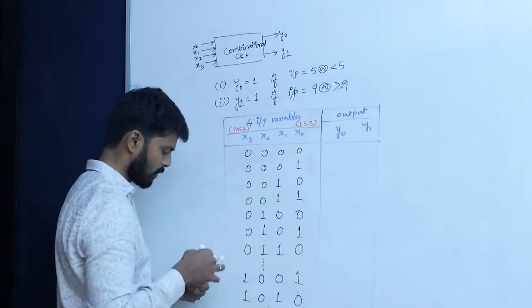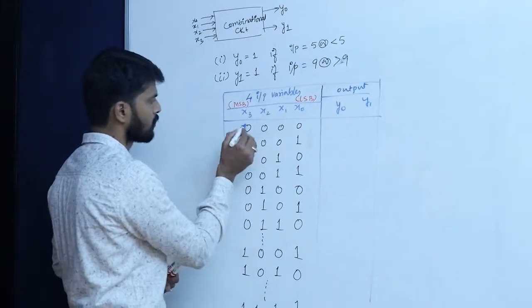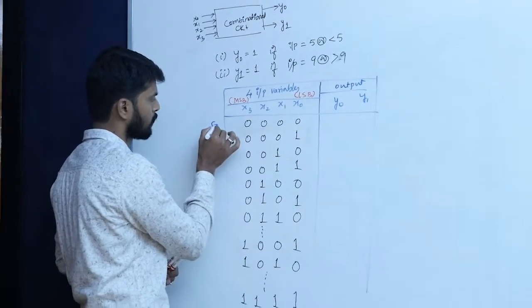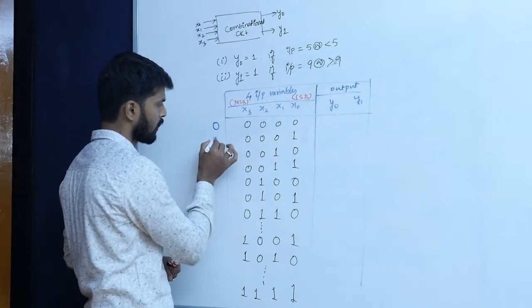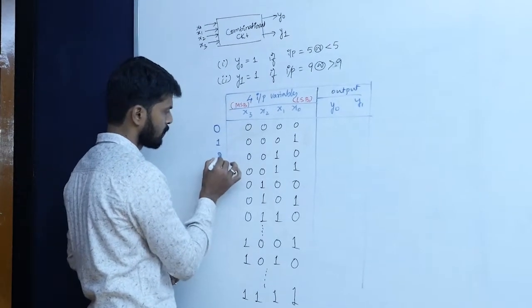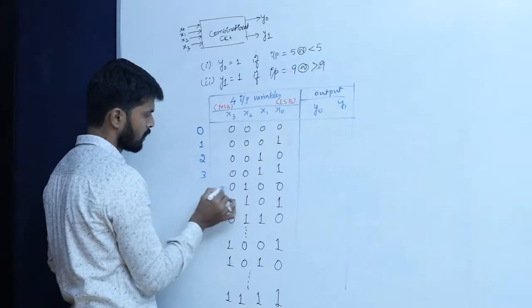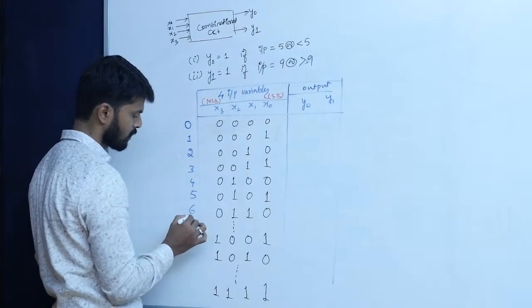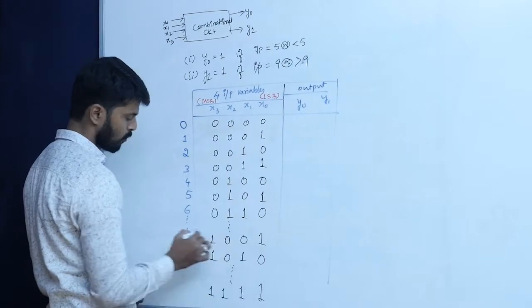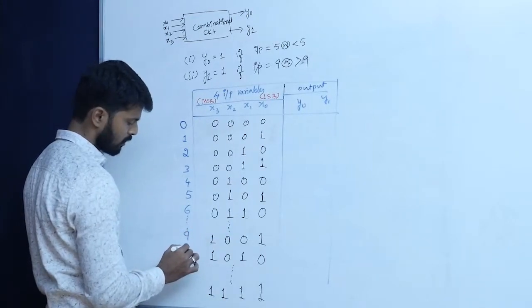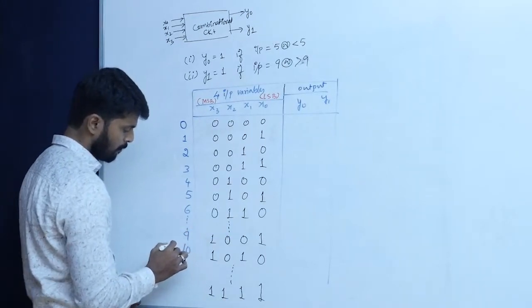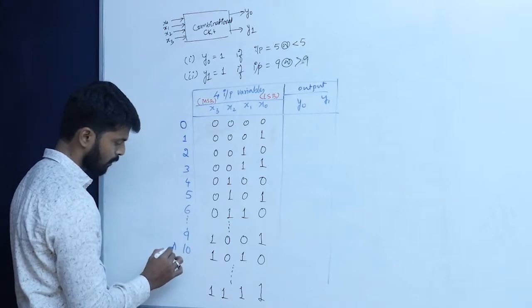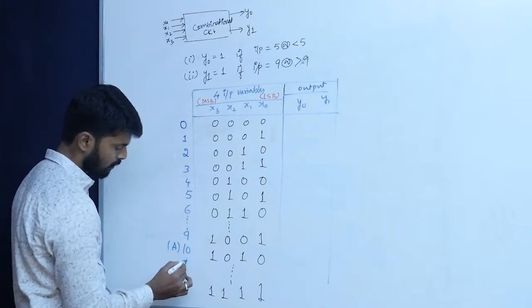This one indicates decimal 0, this indicates decimal 1, this indicates decimal 2, decimal 3, decimal 4, decimal 5, decimal 6, and so on. Then 1001 indicates 9, and this indicates 10 in decimal, but in hexadecimal I will represent it as A. Then it keeps on continuing.